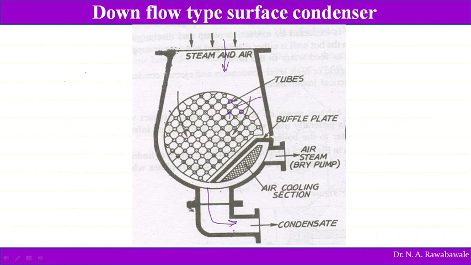So this condensate is removed using a condensate pump, and the air is separated, and that air is taken using an air dry pump or air pump. So air is also removed in order to maintain the vacuum in the condenser. As steam enters into the condenser, it comes with some part of air.